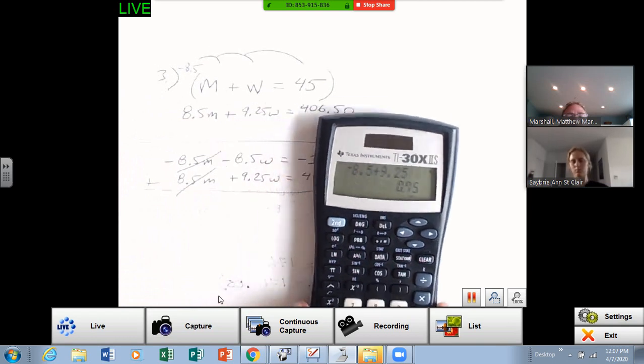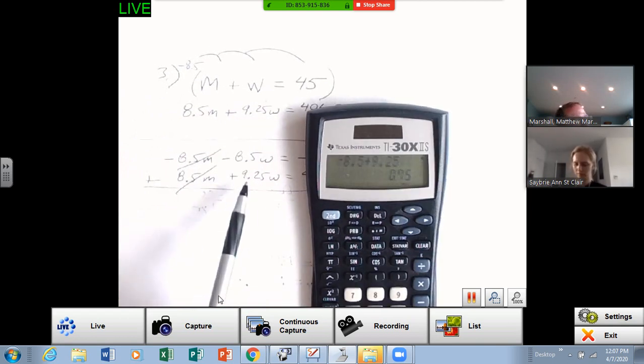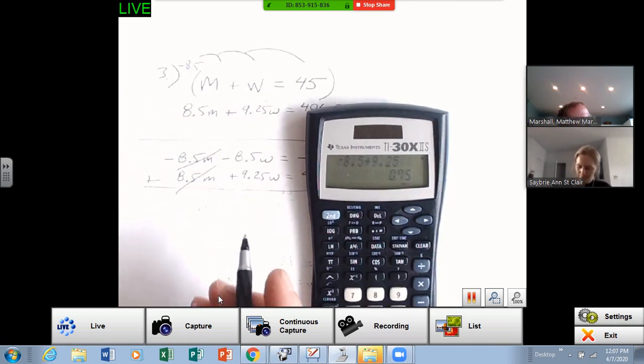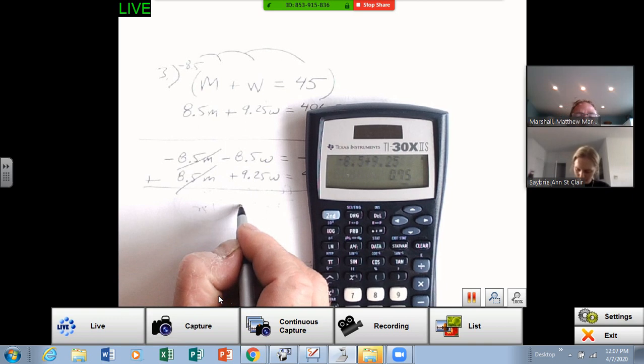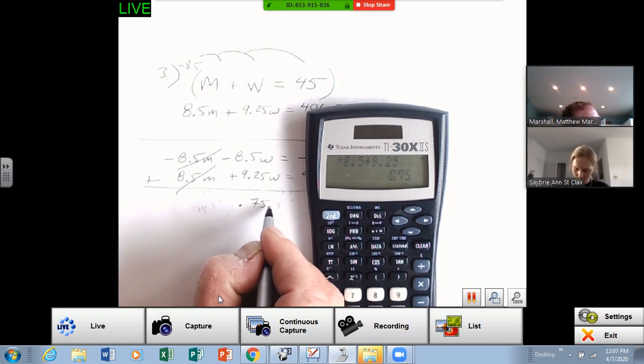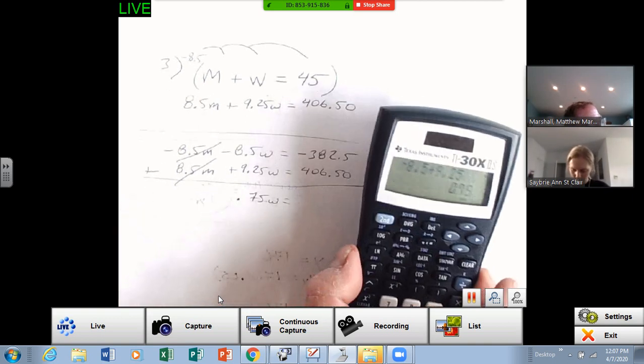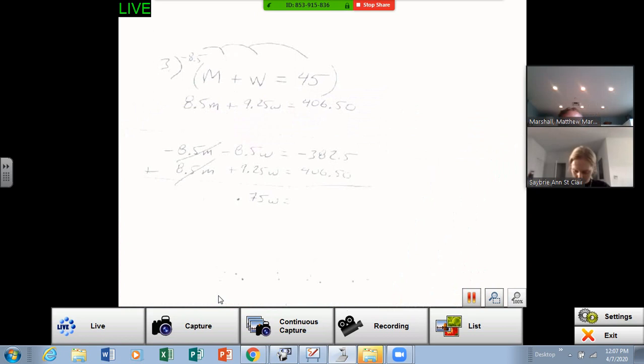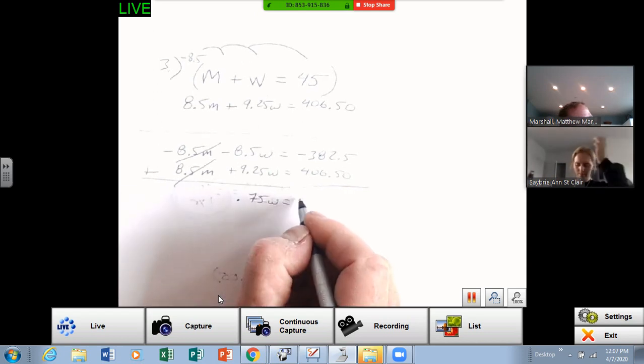I got that from doing this part right here. So that gives me 0.75 W. And then if I take negative 382.5 plus 406.5, that gives me 24.